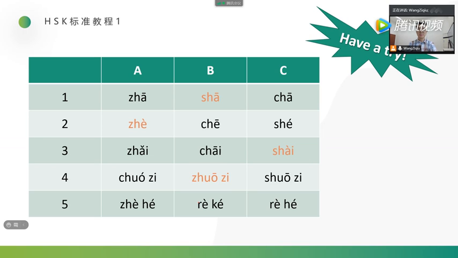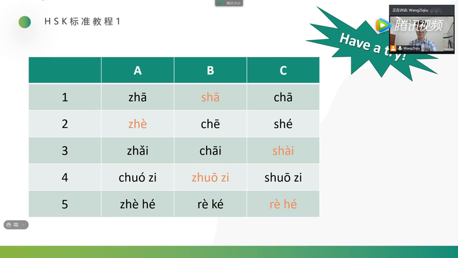Listen. 热河，热河，热河。Which one is right? Well done. C is right. 热河，热河。Very good. These are the initials we learned today.